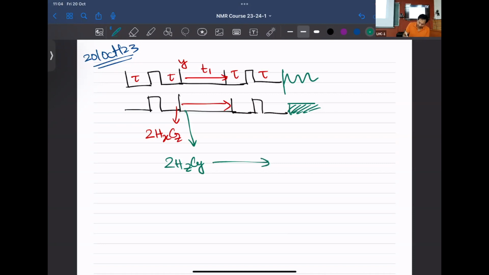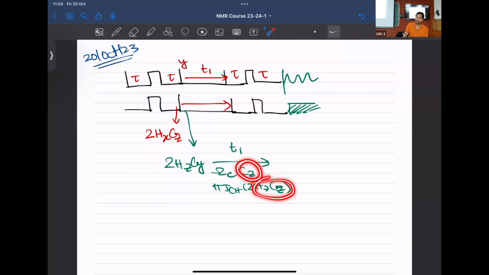In this T1 duration, you have 2 terms, the carbon chemical shift and the scalar coupling, right? So when you let it evolve, since these 2 operators commute with one another, you can operate one first and the other second. So I would prefer to do the chemical shift first.